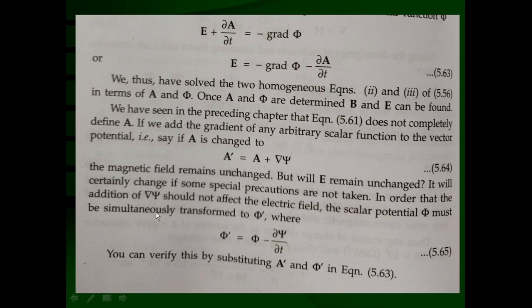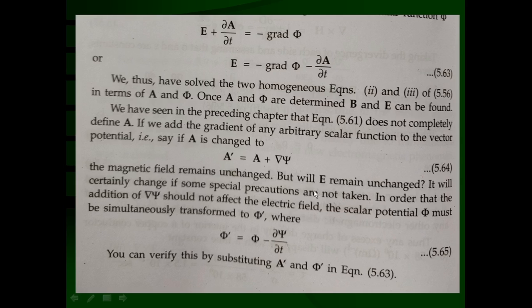In order that the addition of del psi should not affect the electric field, the scalar potential phi must be simultaneously transformed to phi dash. So phi should be transformed to phi dash, so that whatever changes are produced because of del A upon del t can be compensated by these factors.